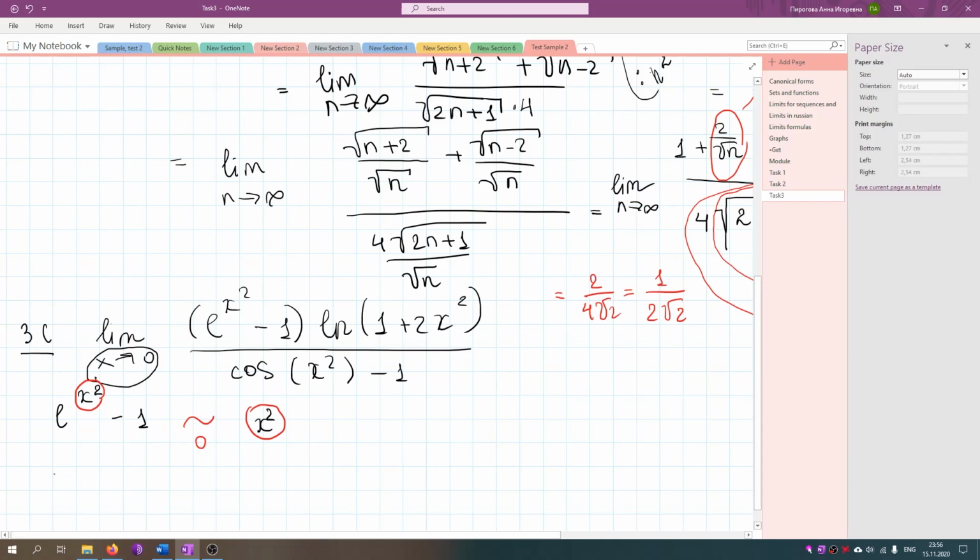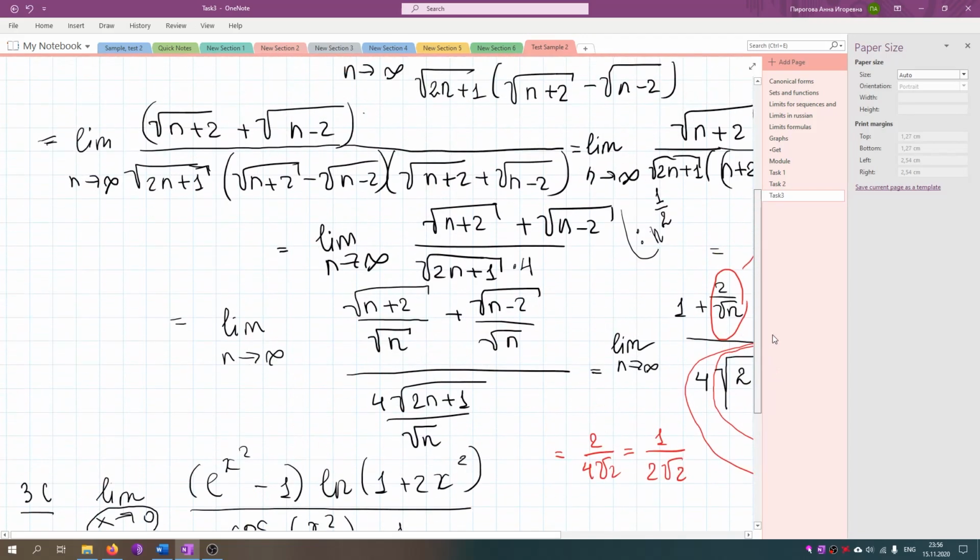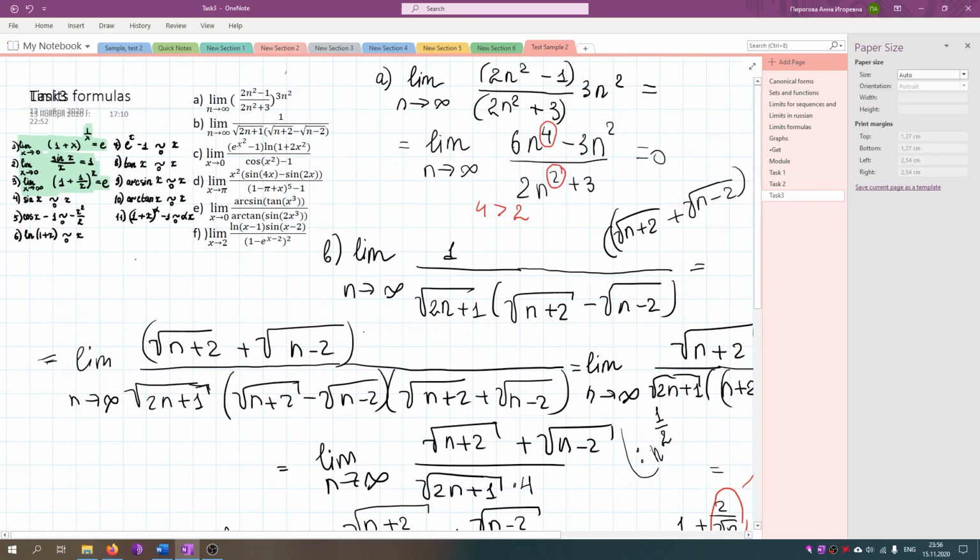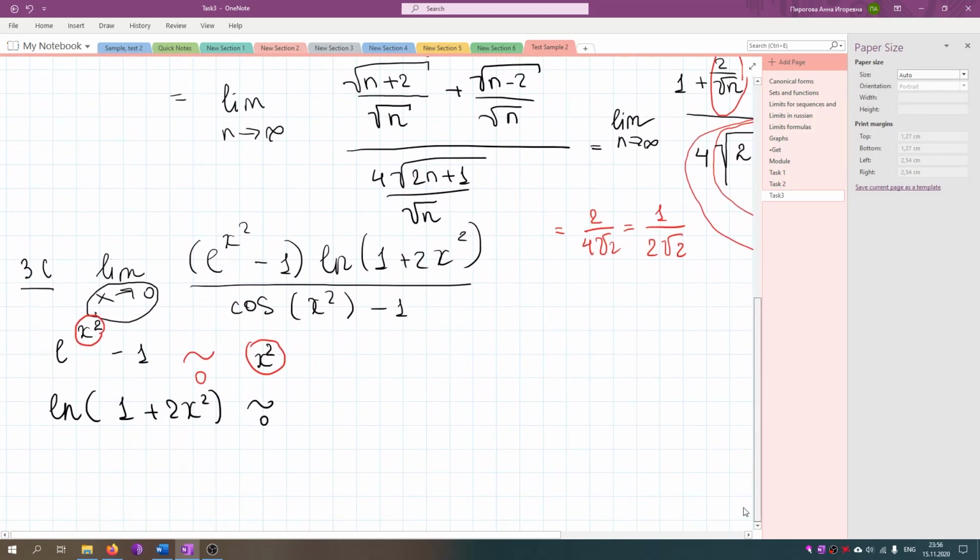Let's work with natural logarithm, 1 plus 2x squared. And now let's find the formula. It is here. Natural logarithm of 1 plus x is equivalent at 0 to x.